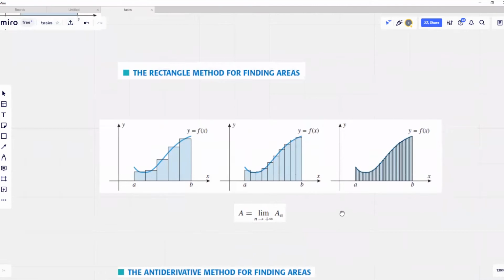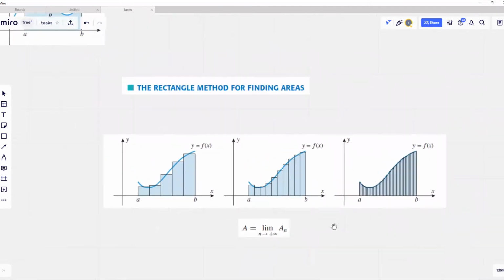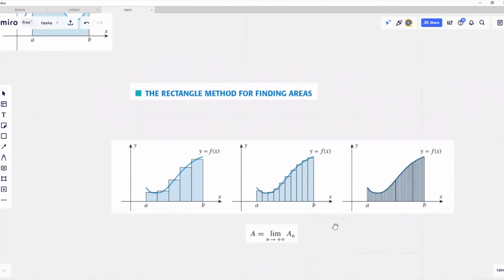Although this method is very intuitive and makes logical sense, in some cases calculating this limit might be troublesome.